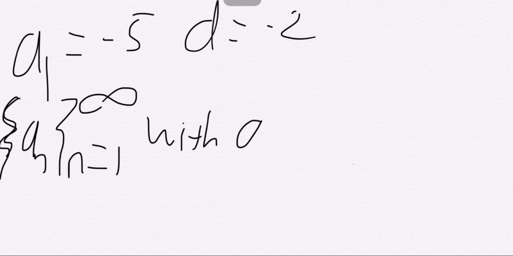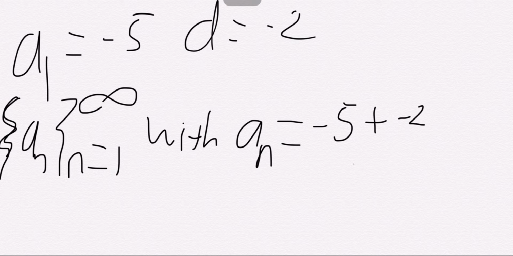I'm writing right now how to represent it in the explicit way, with a sub n being equal to the initial value, which in this case is -5, plus the common difference, which is -2, multiplied by the index, which is n minus 1.